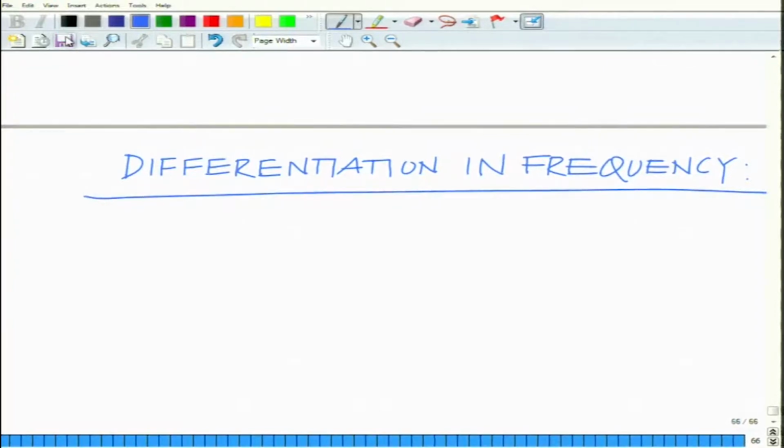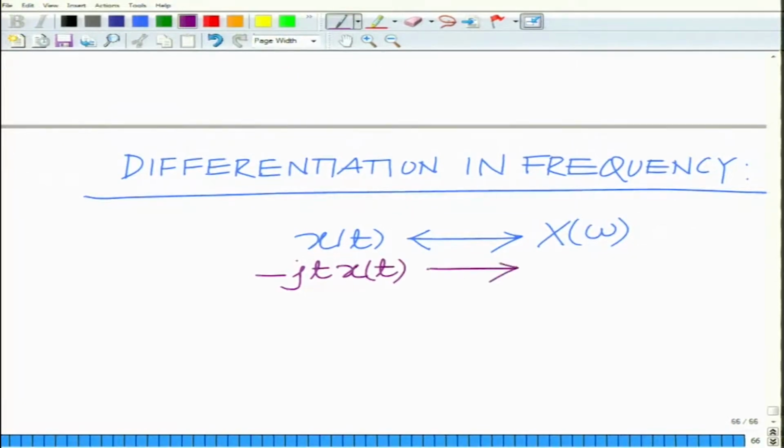When you differentiate in frequency, it can be shown that if the signal small x(t) has Fourier transform X(omega), then minus j t x(t) has the Fourier transform d/d omega of X(omega), that is, the derivative of X(omega).